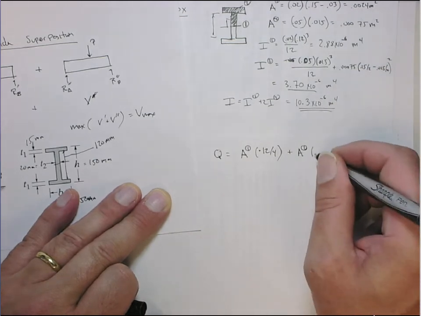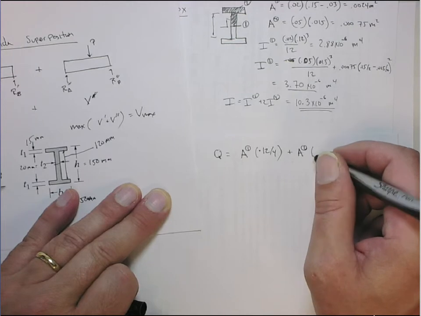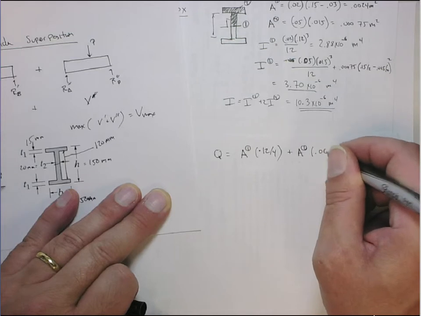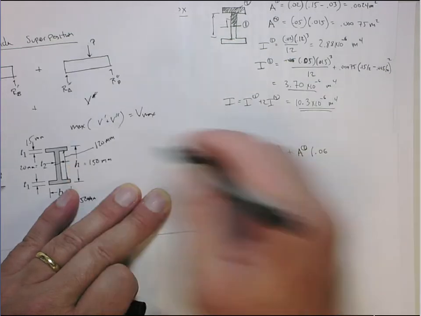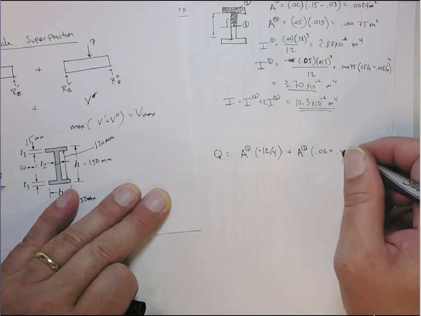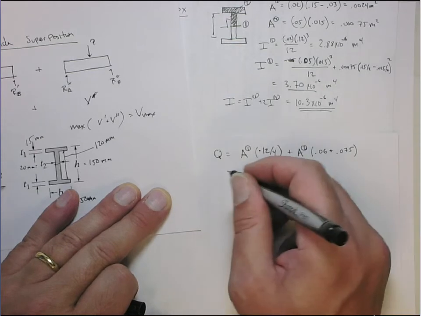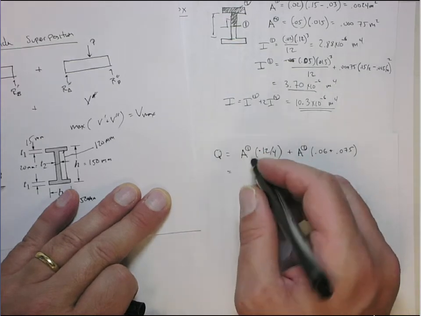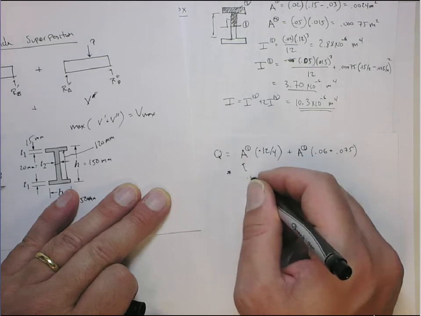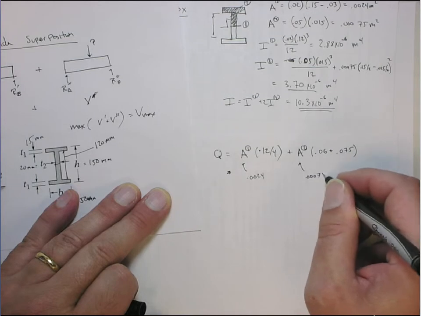That's the 60 millimeters plus half this height, which is half the flange height, which is 0.075. Okay, so that's going to equal area 1. Here we put in, let's just do it this way. This is going to be the 0.0024, and this one's going to be the 0.00075.